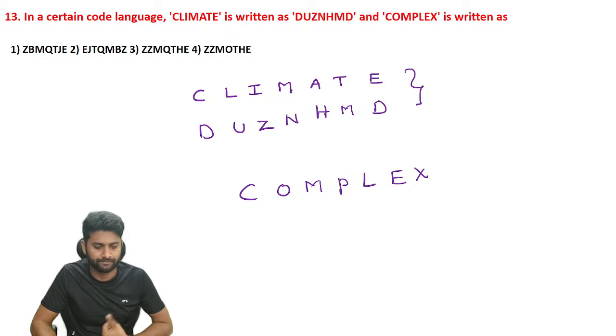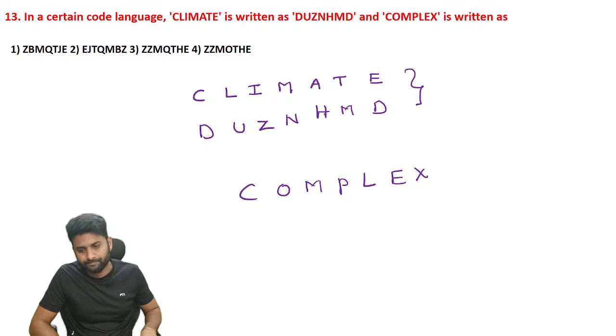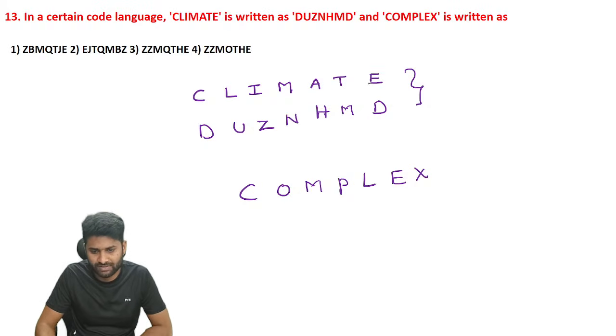Find the logic here. C, so from the first letter to the last letter is minus 1. Again T to U, so it's plus 1.